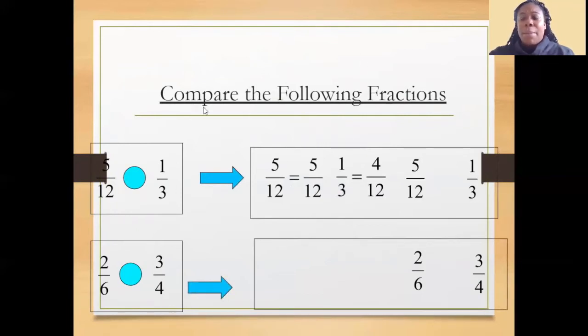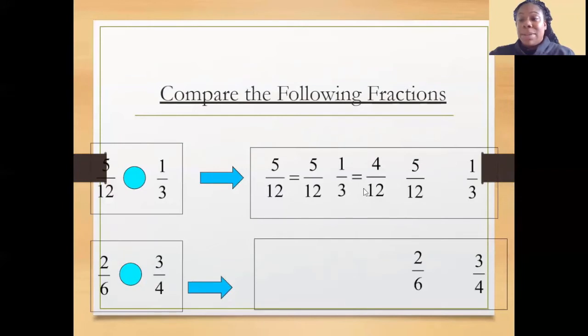I found my least common multiple, which between the 3rd and the 12th, I always start with the smaller denominator. That way I can see if I can get to the other denominator in the fraction that I'm comparing it to. And in this case, I was able to get to 12 by finding the multiples of 3: 3, 6, 9, 12.